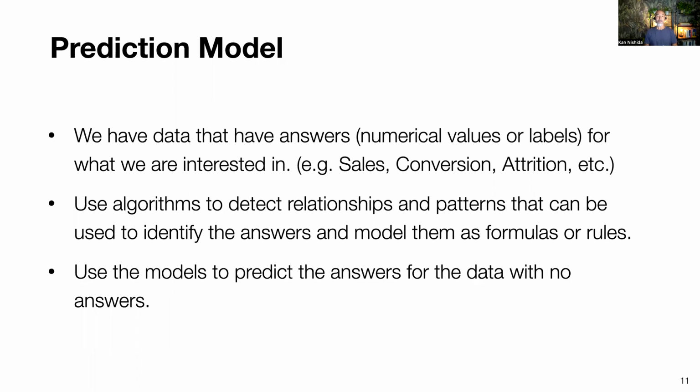And then have the algorithms find the patterns in the data. Basically, the patterns are about the relationship among the variables, and then based on the identified patterns, define the formula or set of rules, and then create that model, and use the model to predict the answers for the data with no answers.